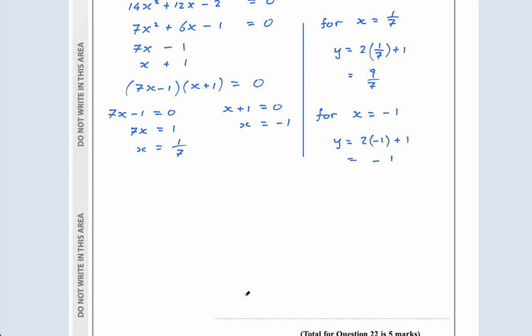So I like to write it like this: x equals 1/7, y equals 9/7, or x equals negative 1, y equals negative 1. Those are my two solutions solved.